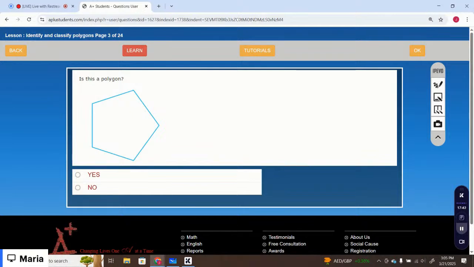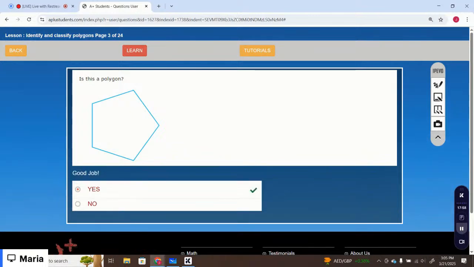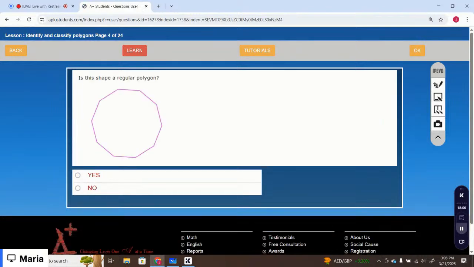Is this a polygon? Yes, it is a polygon. Option number one is the correct option.